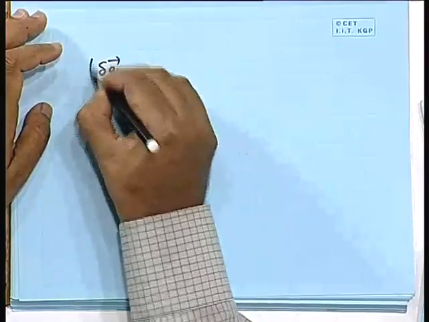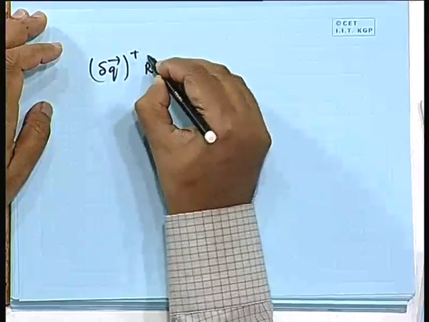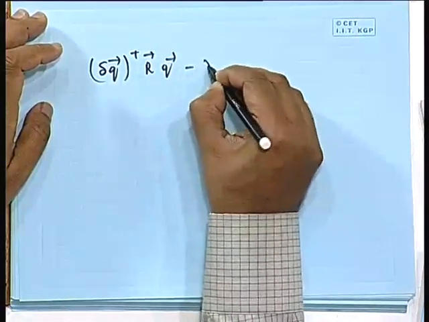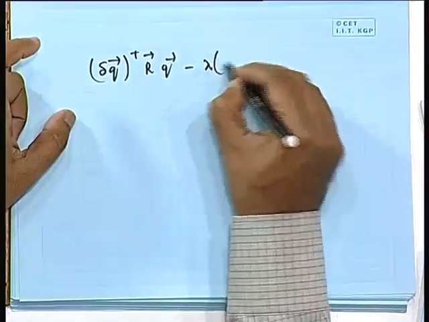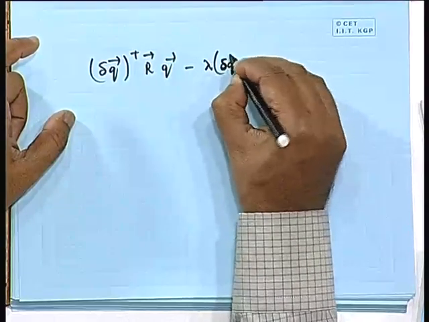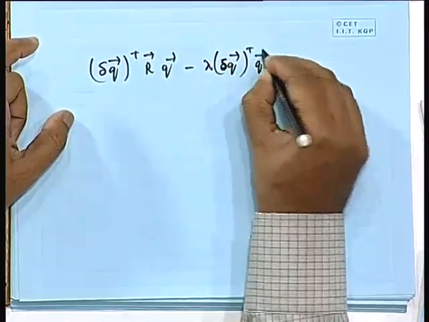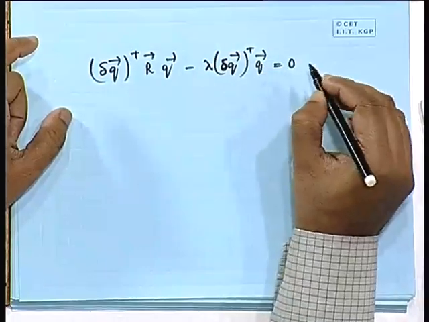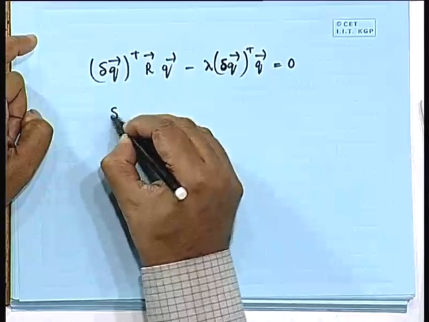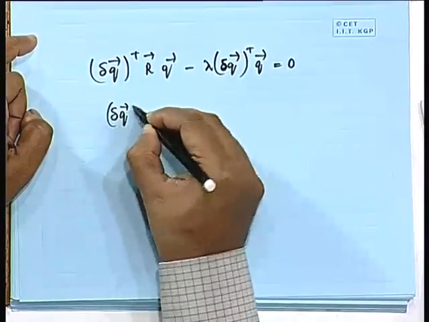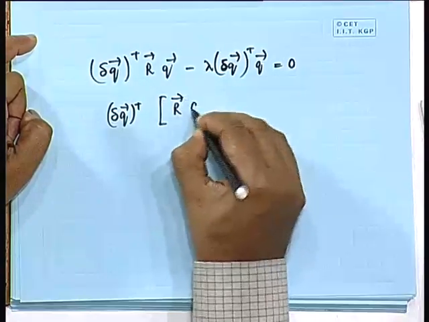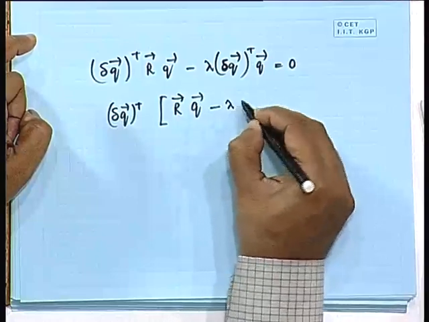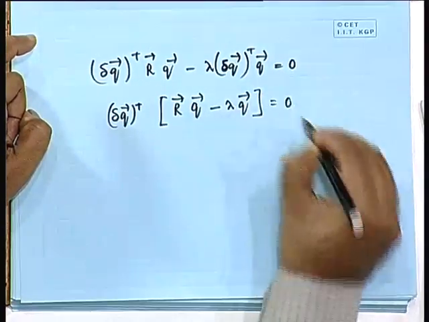If we write that way, then delta q transpose R q minus lambda, lambda having the same dimension as the elements of the R matrix, times delta q transpose q is equal to 0. Equivalently, we take delta q transpose outside and write it as delta q transpose times the bracket R q minus lambda q is equal to 0.